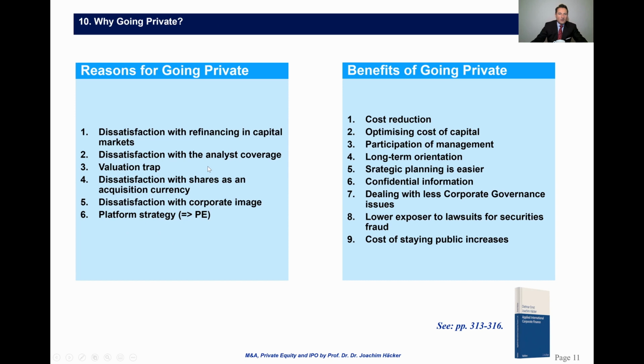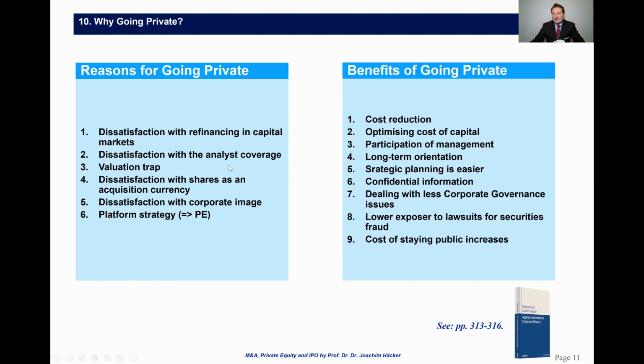So the brokers write very bad stuff about you. Your analyst coverage is not really highly appreciated from your side. There's a valuation trap. You might be an automotive supplier in 2000 or actually in 2020, and that just is not highly appreciated in these times.